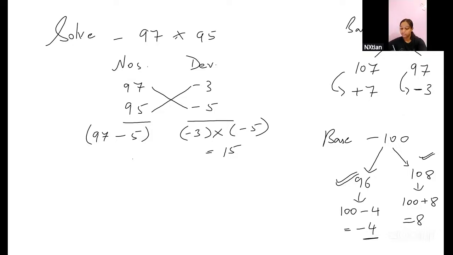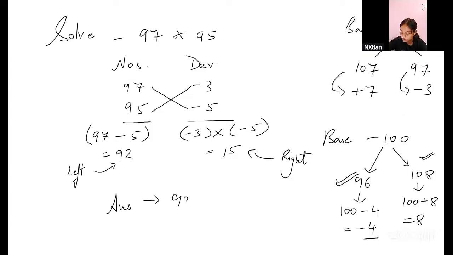So 97 minus 5 is 92. This is my left side of the answer, and this is my right side of the answer. Put them together: 9215 is the final answer.